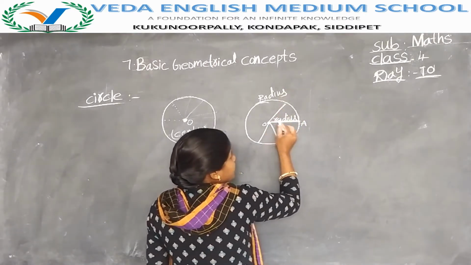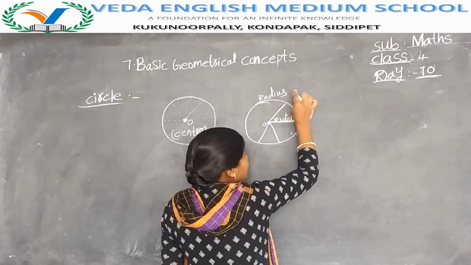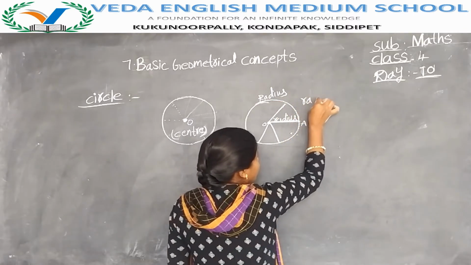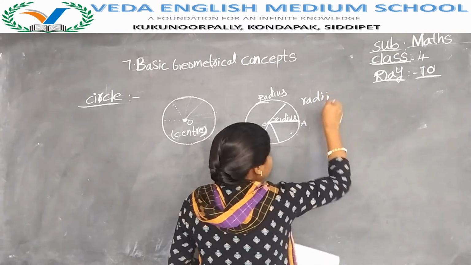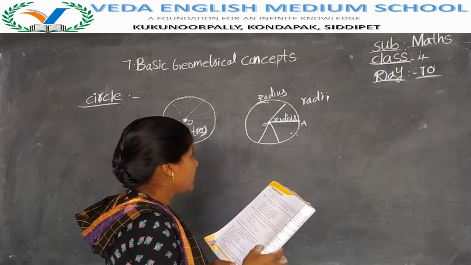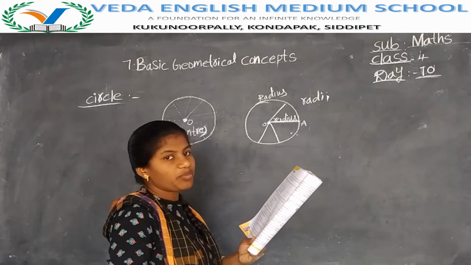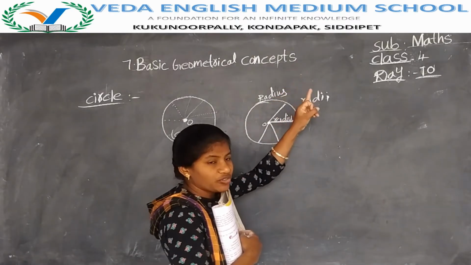If we have one radius, we say radius. If we have more than one, don't say radiuses, we say radii. That is the plural, and radius is the singular form. If you have only one, you say radius of the circle.